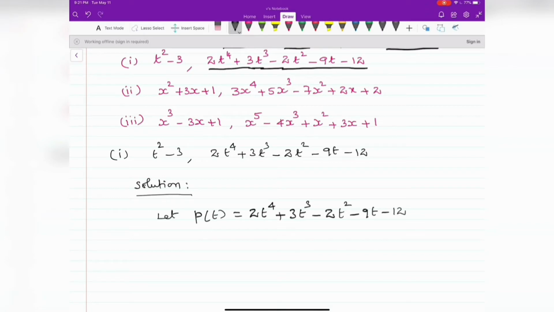Already this dividend is in descending power of t, so we can say it is already in standard form, because that is the first and foremost step. We have to first check whether both the dividend as well as the divisor are in standard form. This is the dividend.